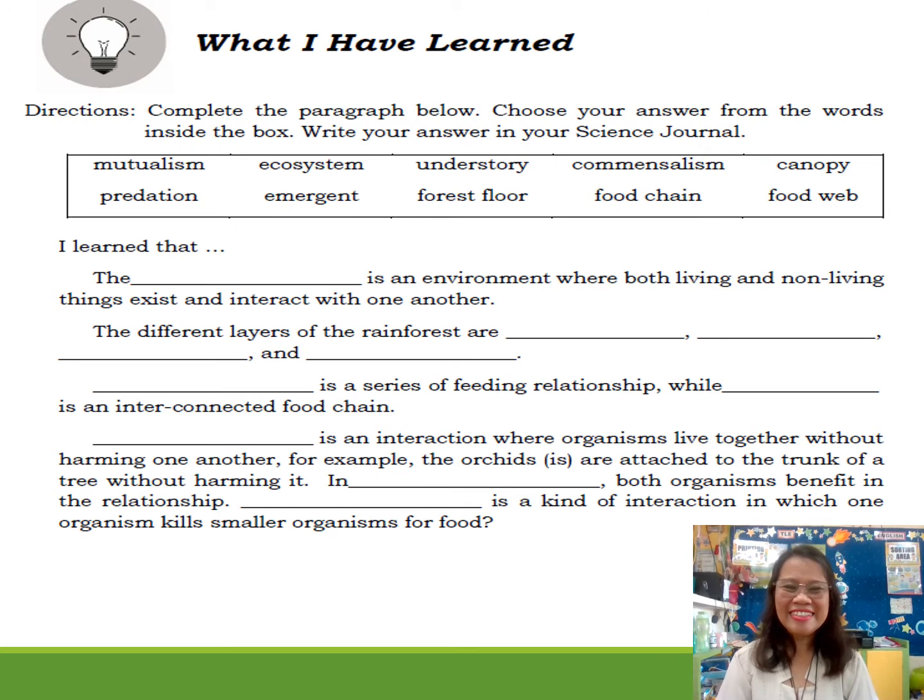Then you are going to read, then fill in with the correct answer. The blank is an environment where both living and non-living things exist and interact with one another. The different layers of rainforest are blank, blank, blank, and blank. You may pause so that you can answer. You may replay.